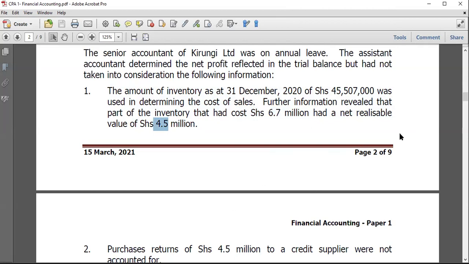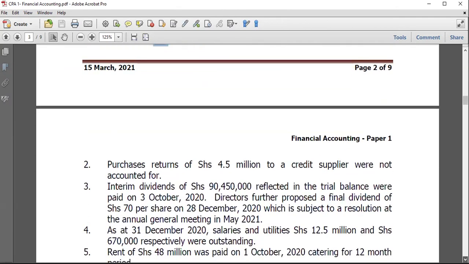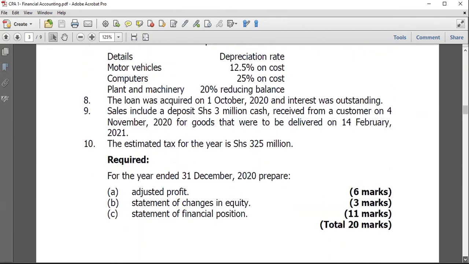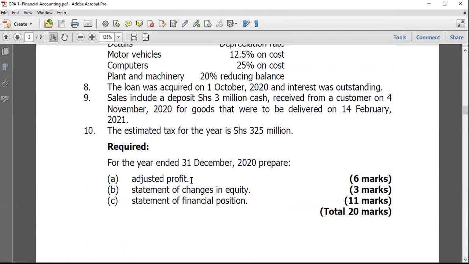Before I proceed, one of the things that you need to understand is the examiner is asking you for the adjusted net profit, and then they're asking you for the statement of changes in equity, and the statement of financial position.